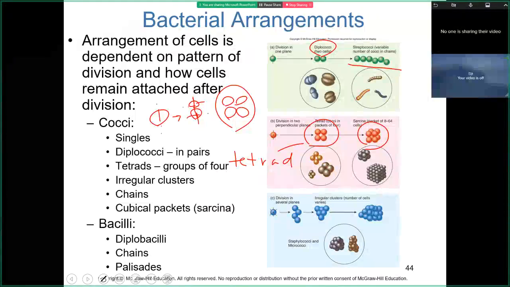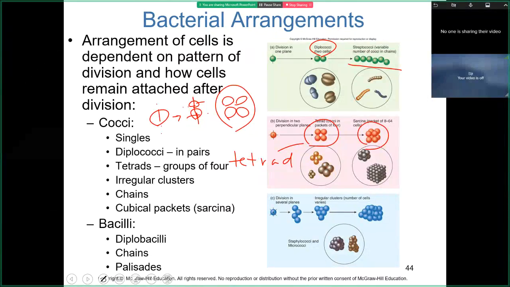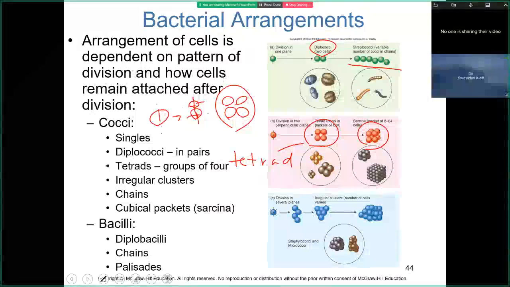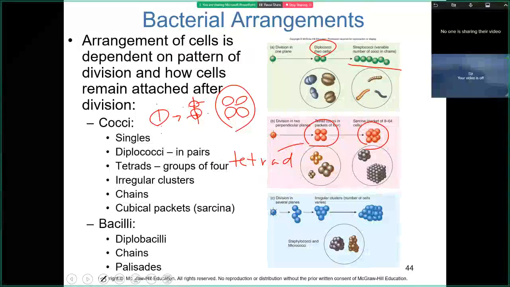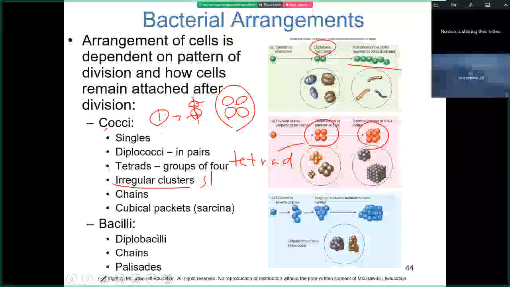And you can have those containing 8, 16, on up to 64 cells. So cube-like arrangements. We don't see those that often, but there are some Sarcina kinds of organisms that typically display that. And then irregular clusters, that's the Staphylo arrangement.